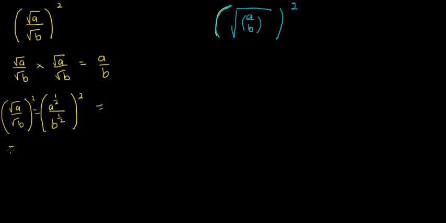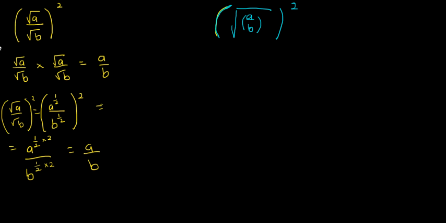I would have a raised to the power half times 2, over b raised to the power half times 2, which of course boils down to a over b. So you see, you get the same answer whichever method you use.